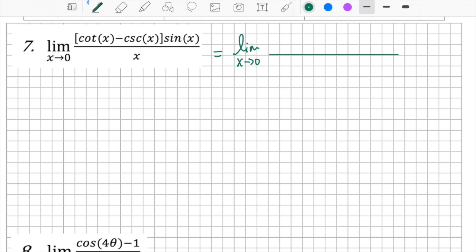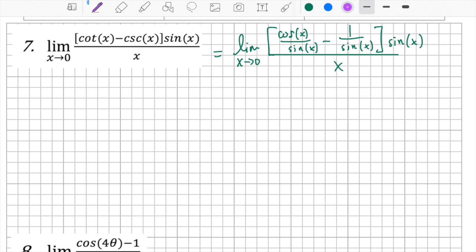Cotangent is the same as cosine over sine. So we're going to write it as cosine of x over sine of x minus, and then cosecant is 1 over sine, so it's going to be 1 over sine of x times sine of x over x.